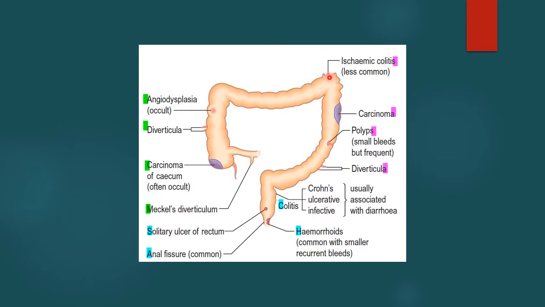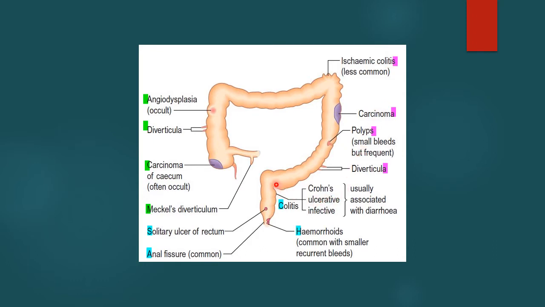On the right, we have those conditions highlighted in purple, which involve the splenic flexure right until the rectosigmoid junction. These include diverticula of the sigmoid colon, polyps in the descending and sigmoid colon, carcinoma of the descending and sigmoid colon, and ischemic colitis of the left-sided colon.